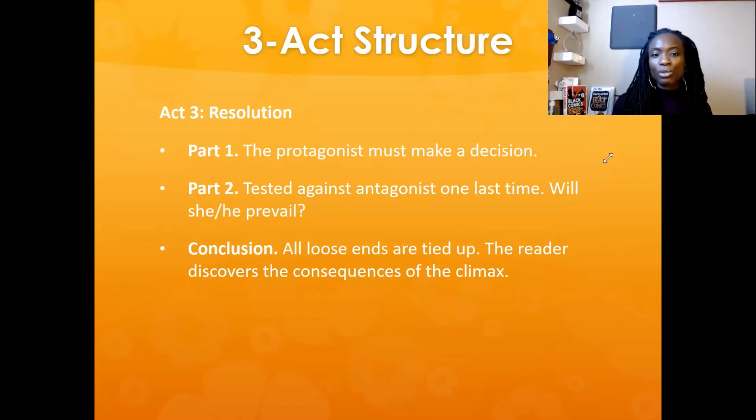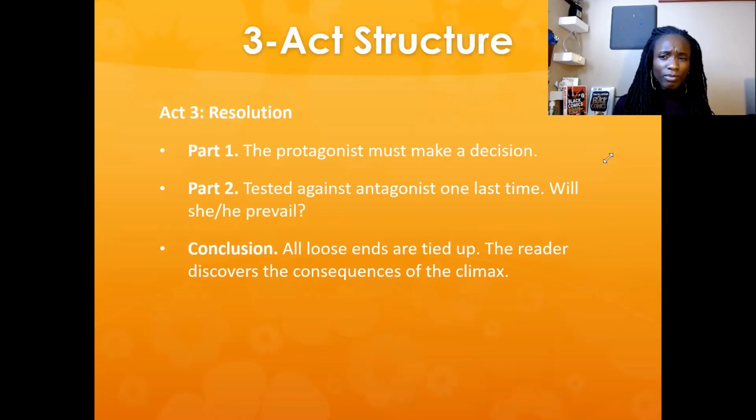And then the conclusion. The conclusion is you want to tie up the loose ends for your reader, right? And so at the end, the reader or the viewer is going to discover the consequences of the climax, the consequences of the story and the decisions that the hero has made throughout, or the main character has made throughout his or her journey.